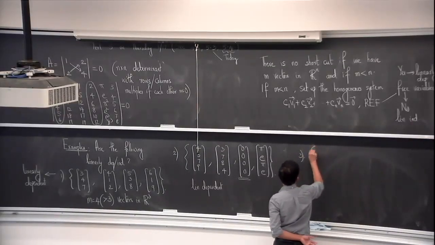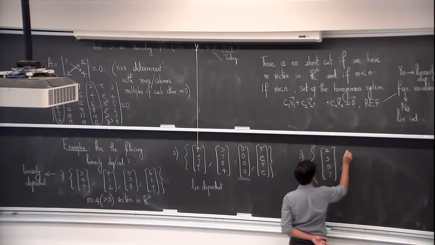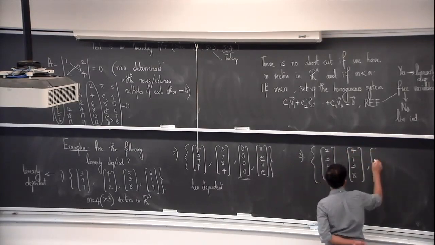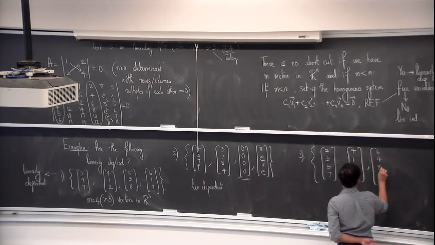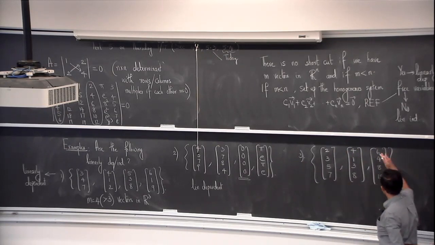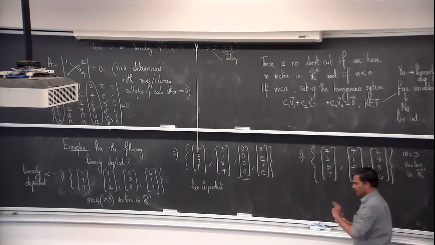Number 3. Now, this is a slightly tricky one if you don't pay attention carefully. These are actually 3 vectors in R4. So none of the shortcuts apply as such. This is 1, 2, 3 vectors in 1, 2, 3, 4. So m equal to 3 vectors in R4. Unfortunately, shortcut number 2 is not a flip-flop statement.